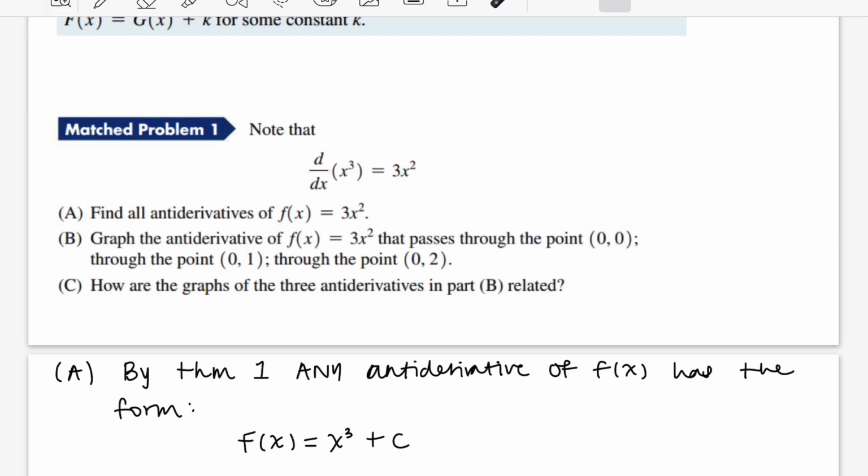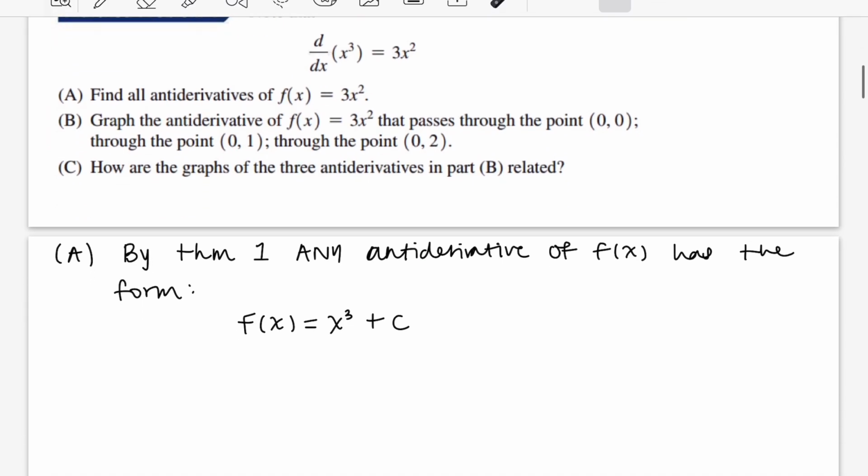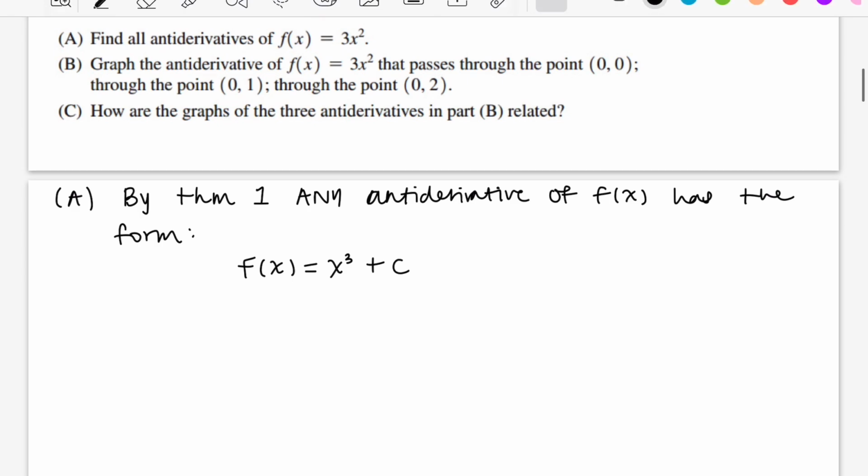Now for part B, we want to graph the antiderivative of this function that passes through these points here. So first thing we have to notice, we want to graph the antiderivative that passes through this point. We're going to look at the antiderivative at that point. And so plugging in 0 into our antiderivative here, this implies that our function, when x is equal to 0, is just equal to c.